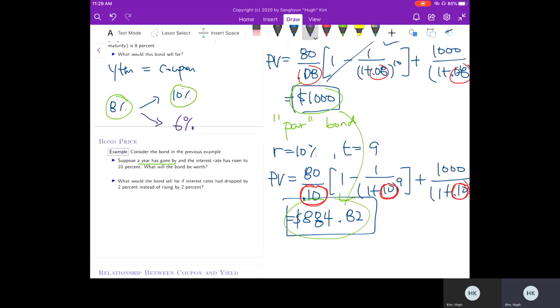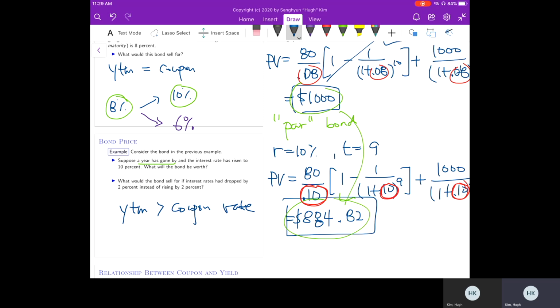So in the first scenario, yield to maturity, which is 10%, is greater than coupon rate. What that means is that the similar bonds in the market are paying 10%, whereas this particular bond is offering 8%.